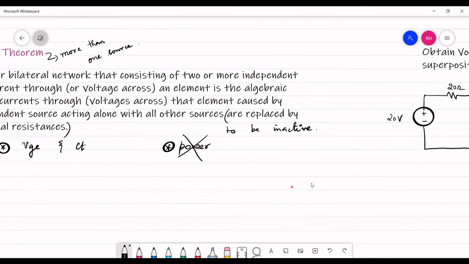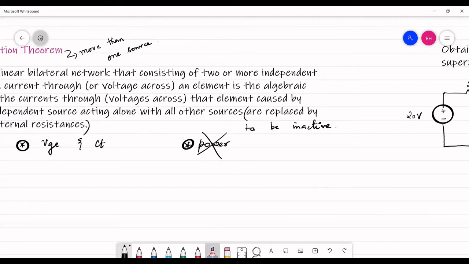So here, this is where we have to concentrate. So it is said that the independent sources are going to act alone, in the sense all the other source should be replaced by their internal resistance. That is, it has to be made inactive.